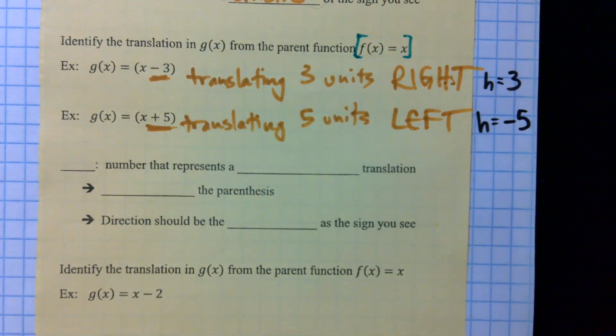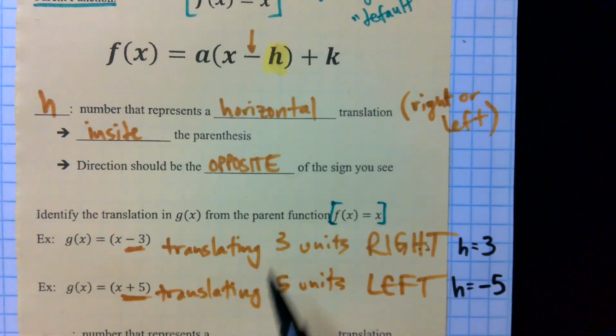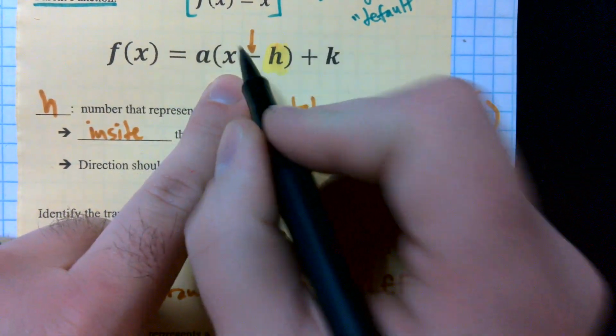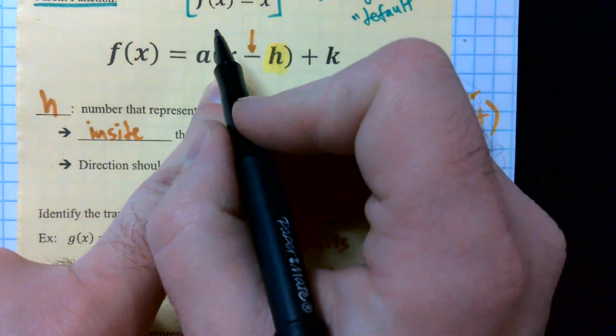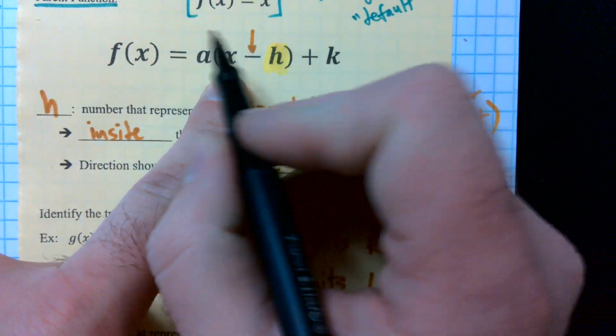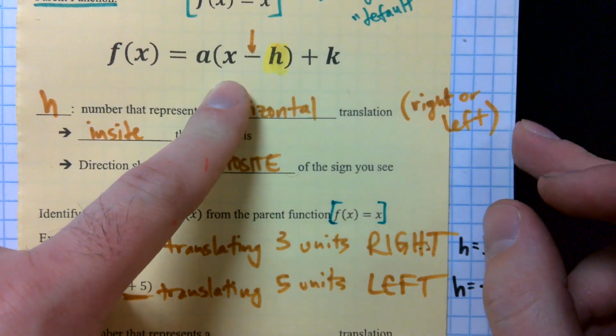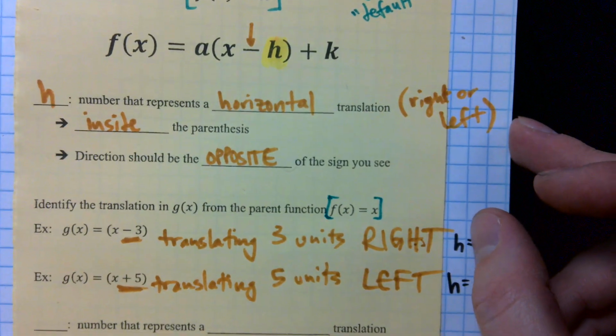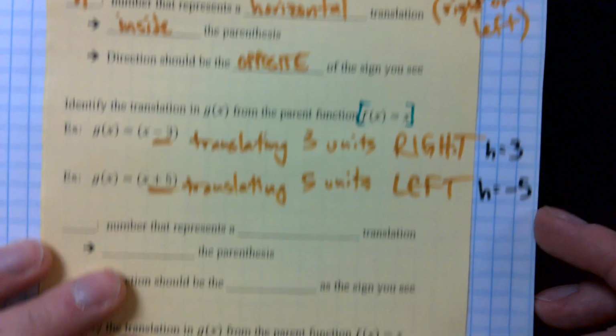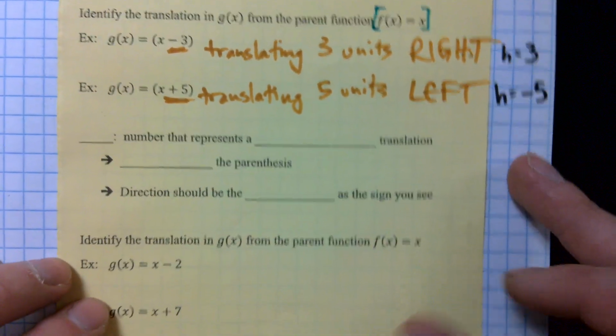Negative 5. What do two negatives make? A plus. So if I plugged in negative 5, it would be x minus negative 5, which is x plus 5. Does that make sense, or did that confuse you more? That makes sense. All right? That's okay.